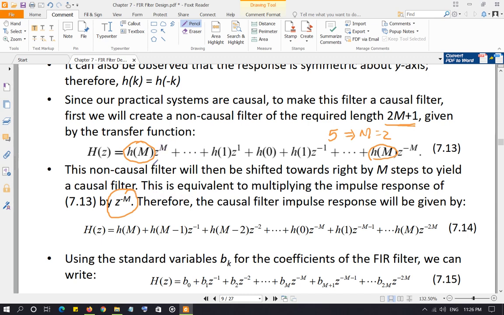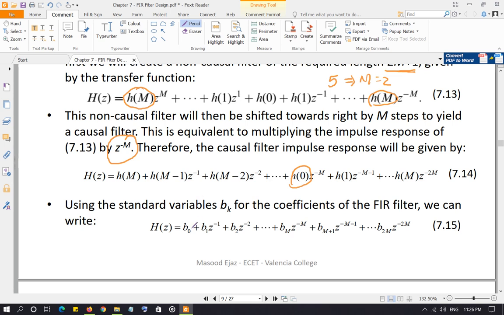And when we do that, the z to the m will be gone, and the equation is going to look like this: h of m minus 1 z to the negative 1, h of m minus 2, all the way. So h of 0 will always have the coefficient z to the power negative m. When we use the standard variables b's, since we use b's for our causal filter, then b naught plus b1 z inverse plus b2 z to the negative 2, and b naught is going to be h of 0 shifted, b1 is going to be h of m minus 1, b2 is equal to this and that.